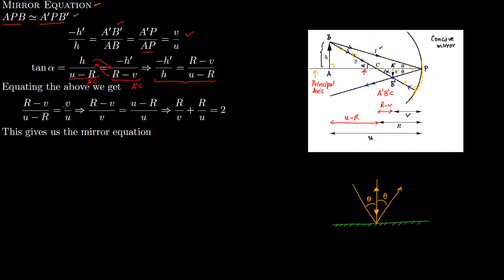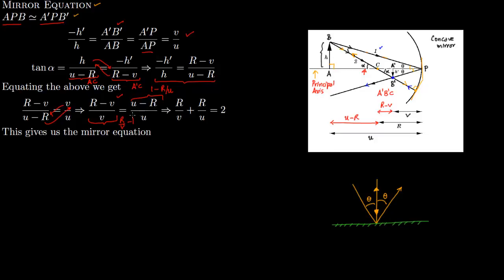So this implies, you take V in the denominator here and you take this in the numerator here. So you exchange these two positions. So you get U minus R over U is equal to R minus V over V. So that's what we have done. R minus V over V is equal to U minus R over U. So this equation now becomes R by V minus 1, and this equation becomes 1 minus R by U. So you take this minus R by U to this side.